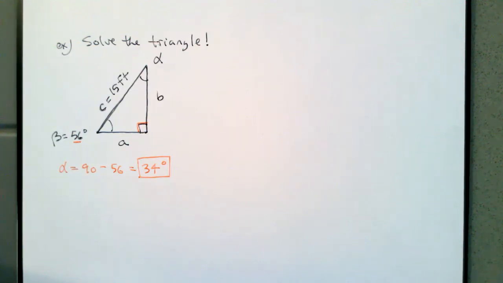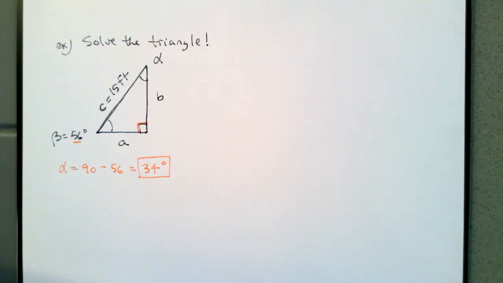Now we need to use one of these angles and the hypotenuse to find A and B, so we're going to need to bring our trig functions in. We can either find A or B first. So good news, we have a choice. Oh, but unfortunate news, we have to make a choice now. I'm going to find A just because I'm going to go alphabetical.